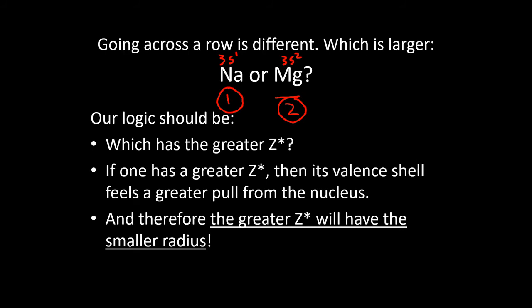And so the net result is that as you go to the right on the periodic table, as long as you're staying in the same period, you will see elements get smaller. Smaller elements are on the right side of the table because the effective nuclear charge increases as you go to the right on the periodic table. So larger Z star will have smaller radius.